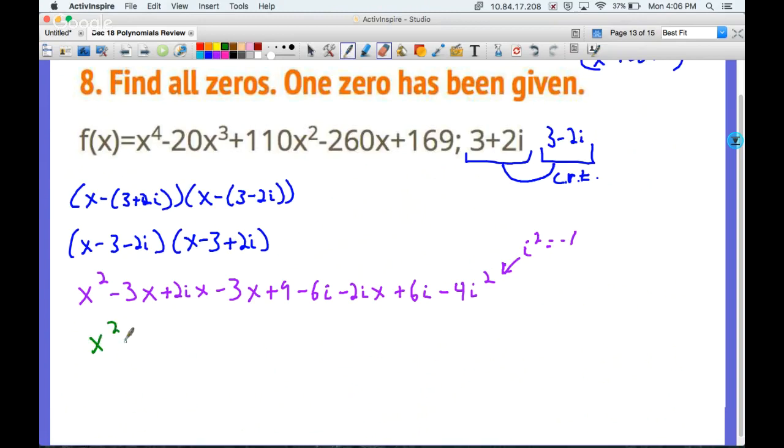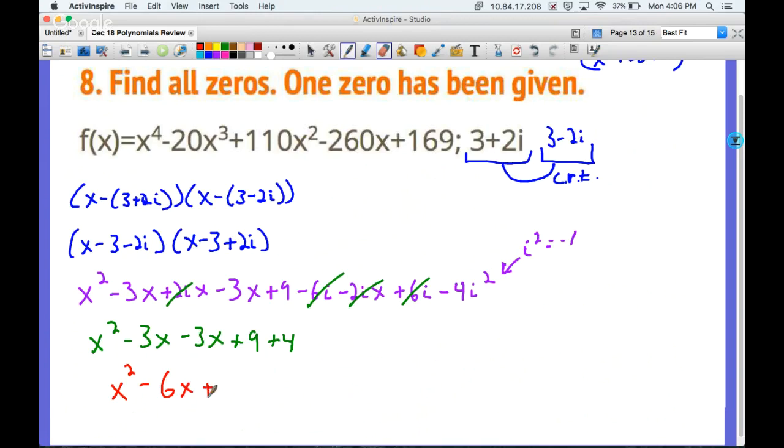So let's write this out. We got x squared minus 3x. That cancels with that. Minus 3x plus 9. That cancels with that. And that becomes a plus 4. So I know that this is a quadratic factor of my polynomial.